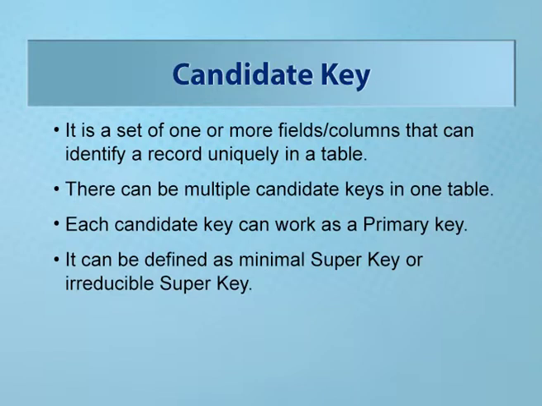It can be defined as a minimal super key or irreducible super key. This is the variation we find in the candidate key when compared to the super key. We have defined 7 sets of super keys. However, the minimal super key which identifies a record uniquely, that irreducible super key, is called a candidate key.